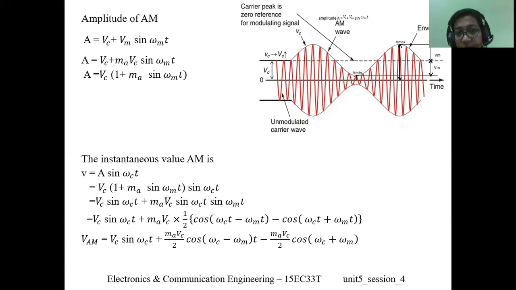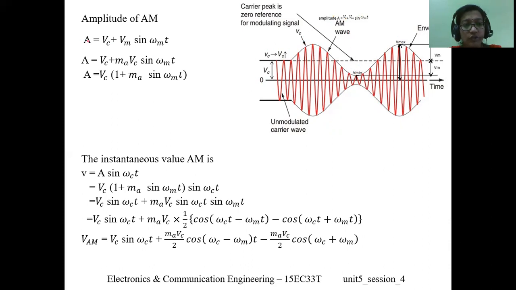This has a minimum amplitude and this has a maximum amplitude. We can determine the amplitude of the AM signal, the maximum amplitude from this reference point.